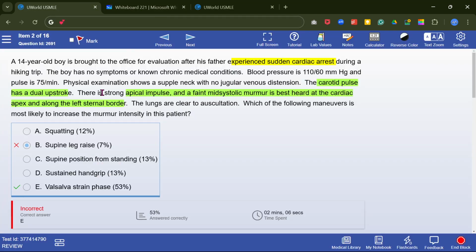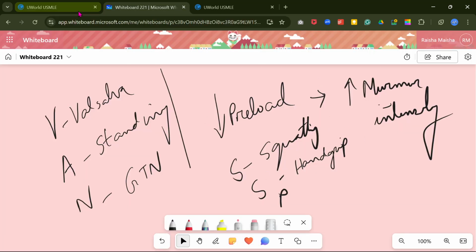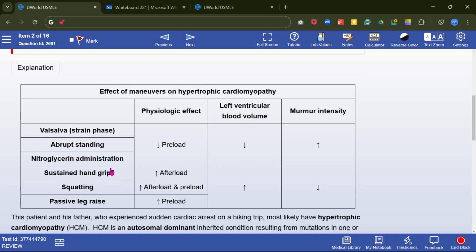Okay, what happens in this question? They haven't talked about the murmur increase or decrease, but we need to find out. So Valsalva, abrupt standing, nitroglycerin, these three decrease preload. I have already told you these three decrease preload and increase murmur intensity.